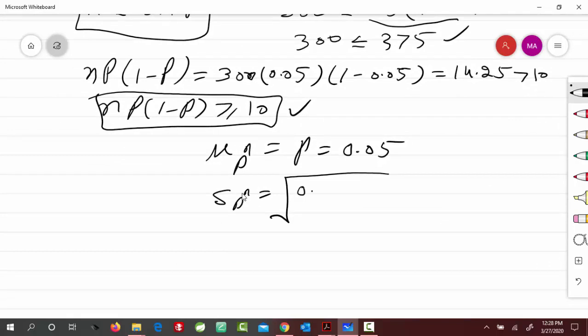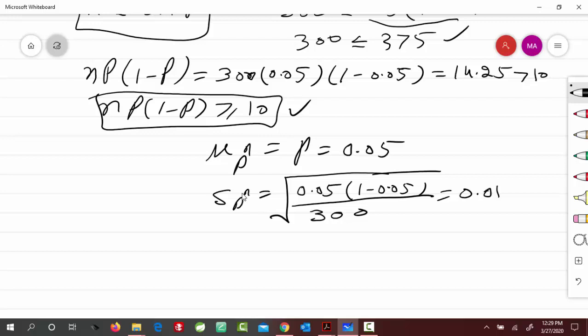P is 0.05 times 1 minus 0.05, divided by 300, under the square root, and that's equal to 0.012583.